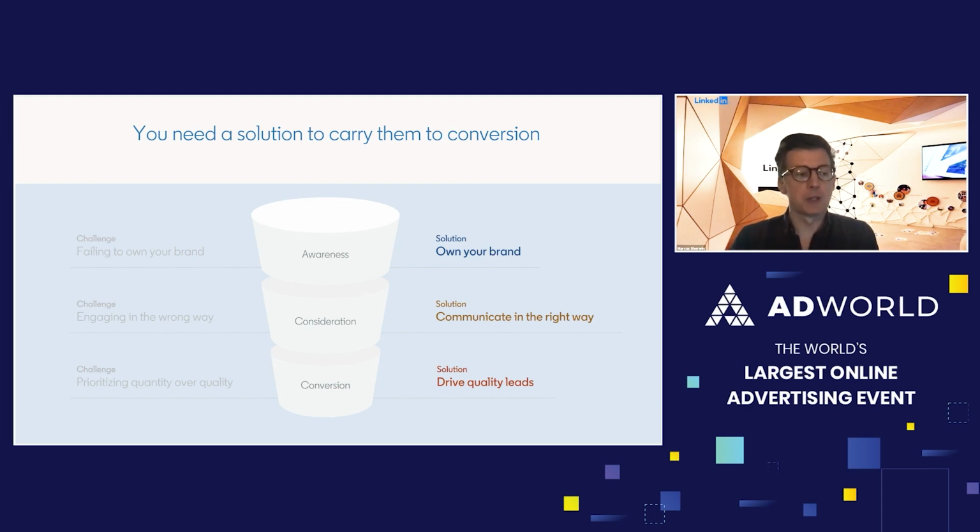If they do know about your brand, how are you giving them more information in terms of how your product or service is going to solve their problem? And then if they're further down that funnel, how you can get them to give their details so that they can speak with one of your SDRs or BDRs and really get that sales cycle going to close.